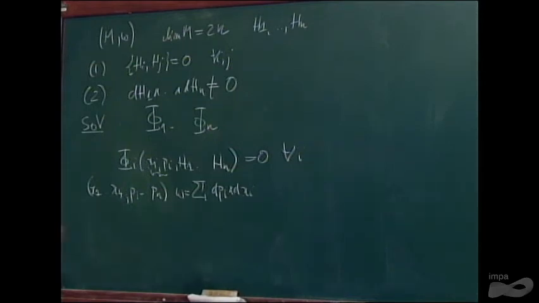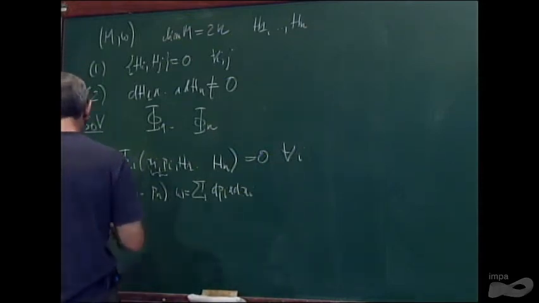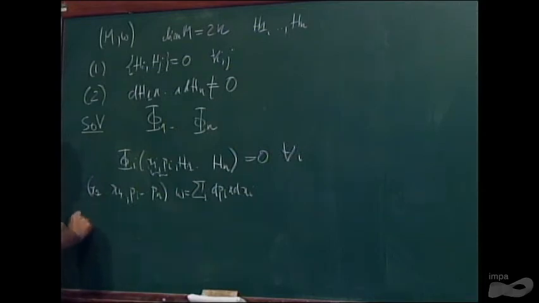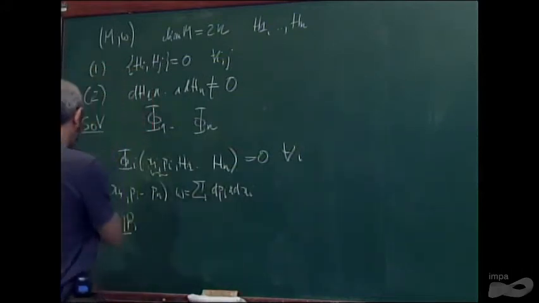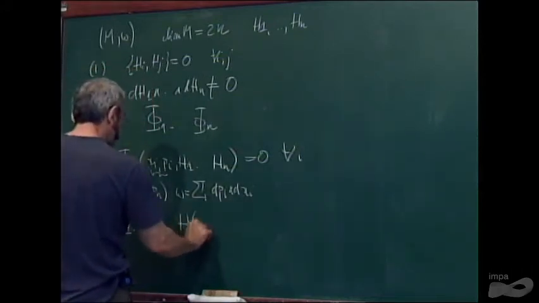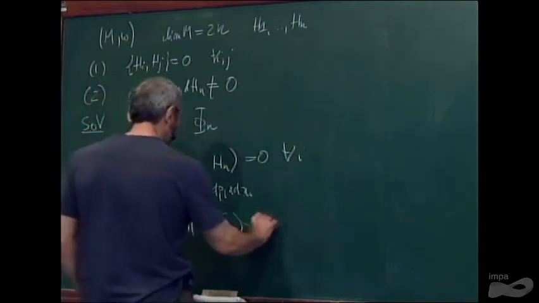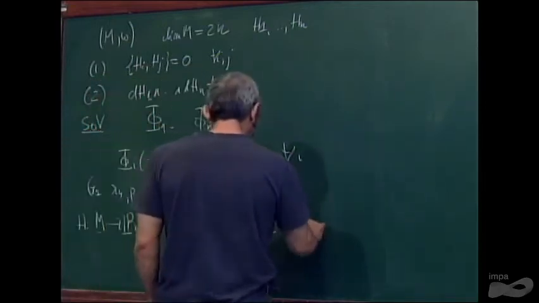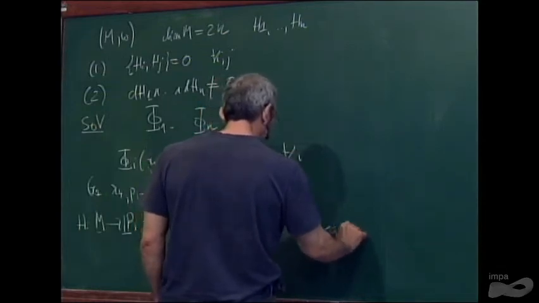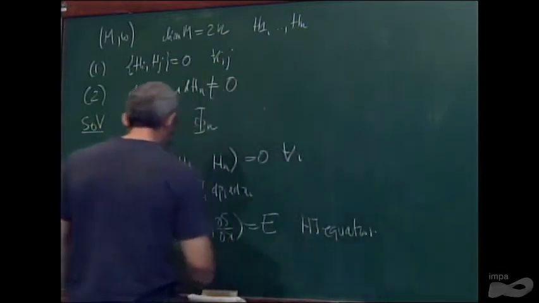Okay, so how is this definition related to the classical separability of the Hamilton-Jacobi equation? If we have a function H, we can write the Hamilton-Jacobi equation for this function.